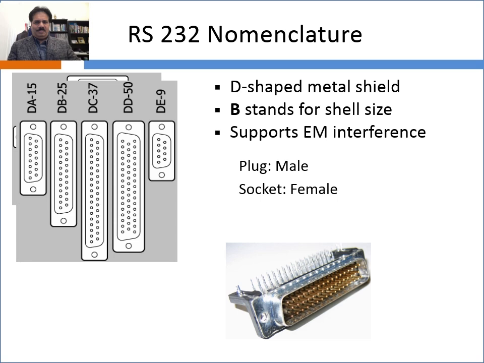B stands for shell size, so it could be DB, DC, DE, or DA. Usually most of the time DB9 and DB25 are used. I mean, they are very popular. Others are used in specific applications, other standards like DC, DD, like that.